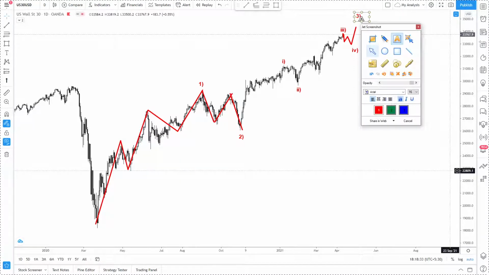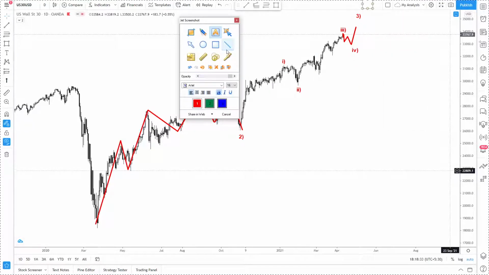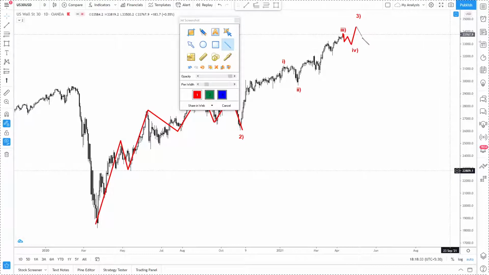So once this is confirmed like this, it's maybe a bigger fourth wave. After that, one more 5-wave structure to the upper side.